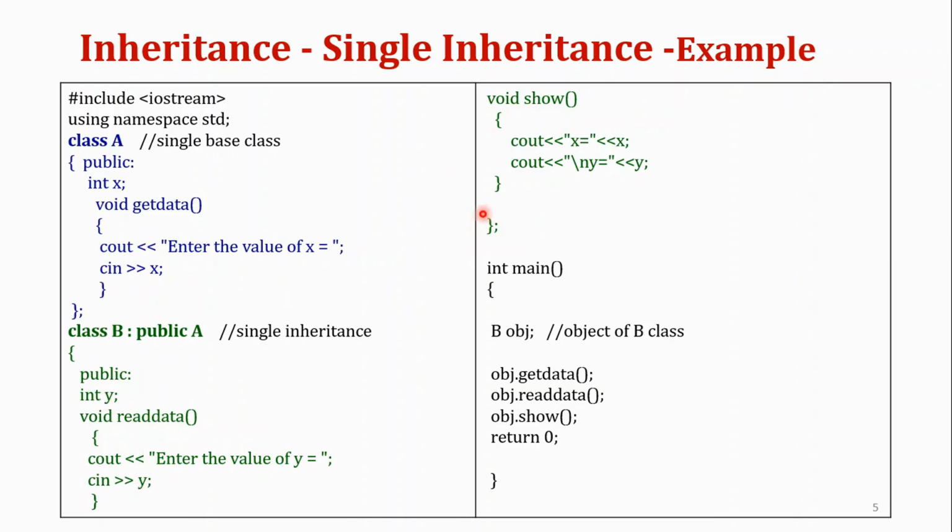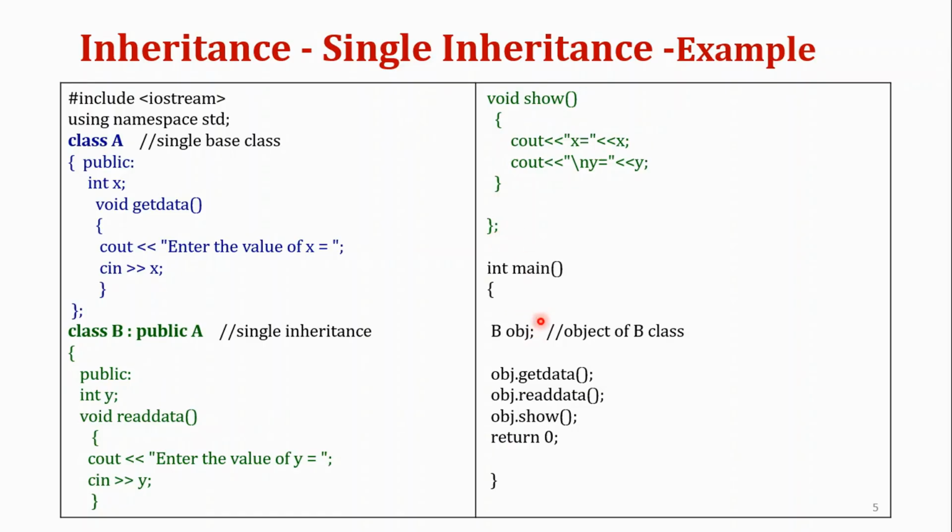The show function in class B displays x and y, because x is inherited in public mode and is also available in class B. Even though x belongs to class A, because of inheritance, x and getdata are inherited into the public part of class B. End of the class with the semicolon.